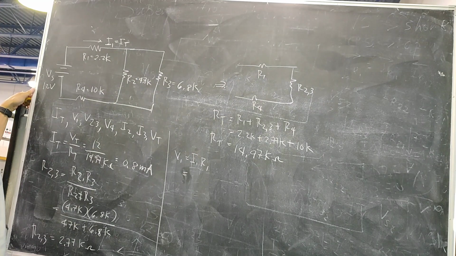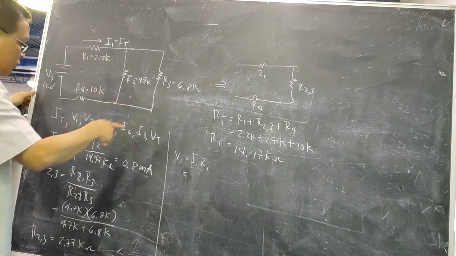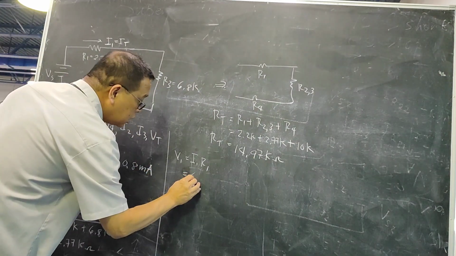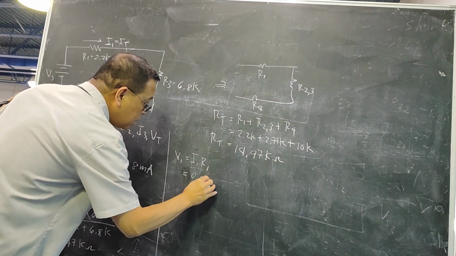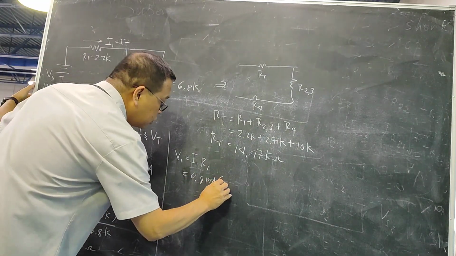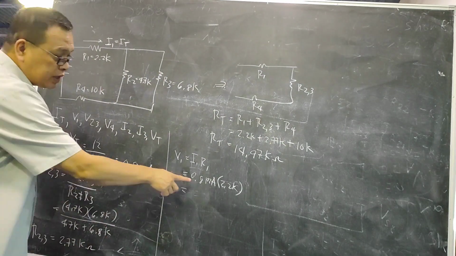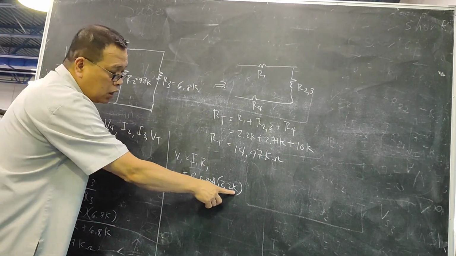So here we can directly calculate V1 by putting the numbers. We have I total already, 0.8 milli, multiplied by R1, which is 2.2 kilo. Milli and kilo will cancel out.